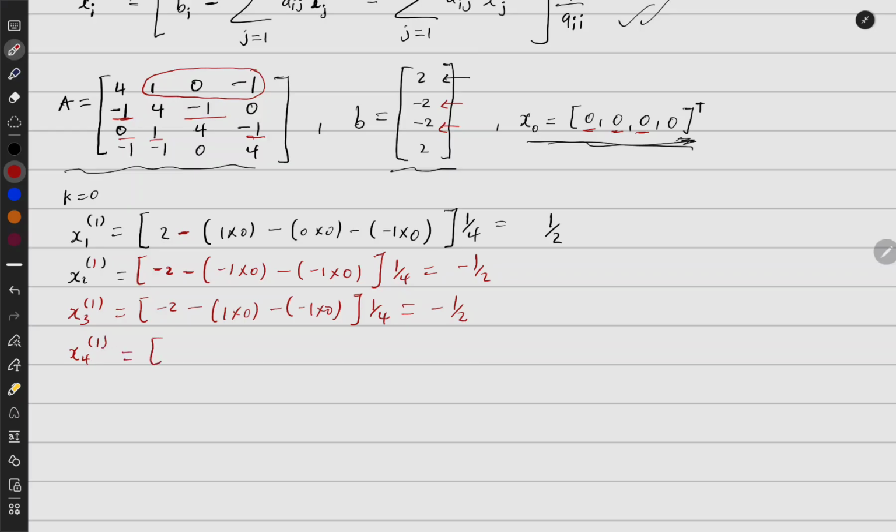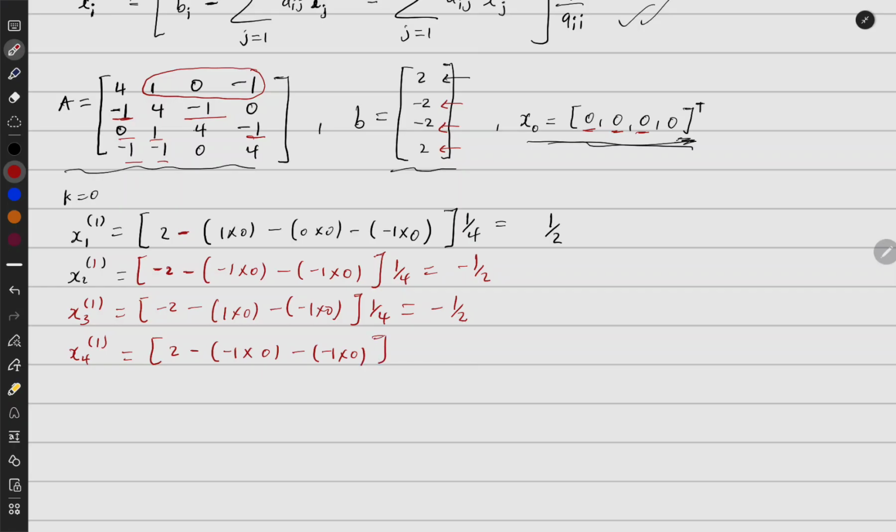This is 2 minus negative 1 times 0, negative 1 times 0.